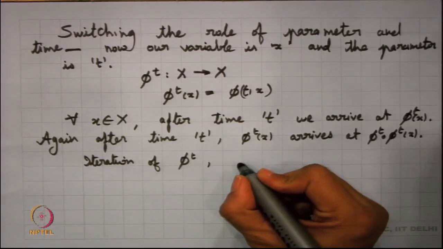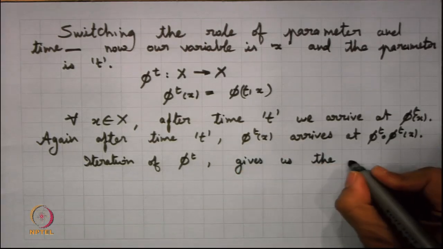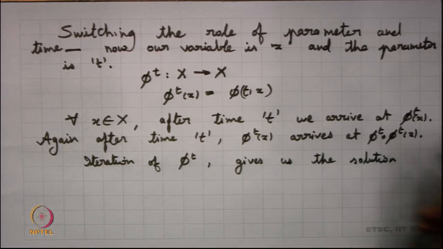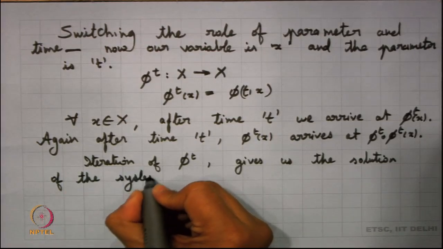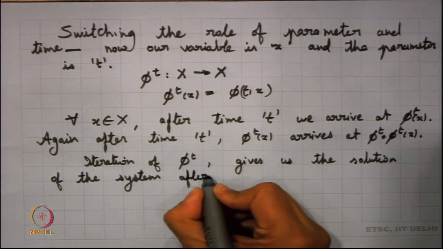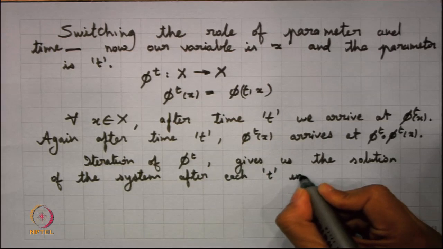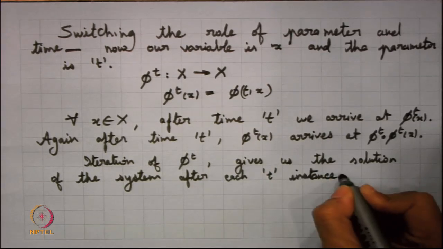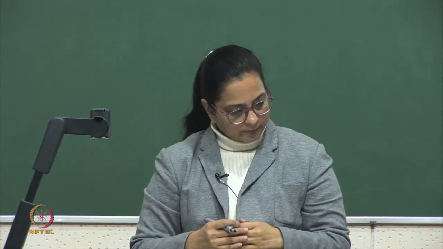So, it gives us the solution of the system after each t instance. So, after each t instance, now we are getting a solution, and that is given by the iteration of the map phi t. Again, how have we moved on?